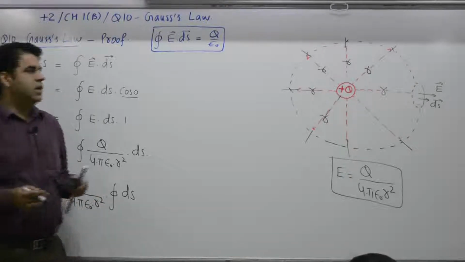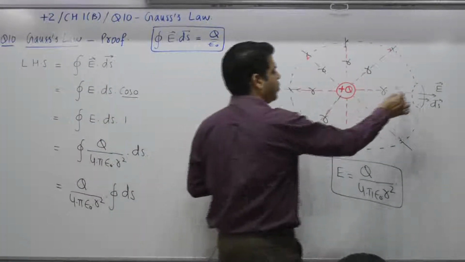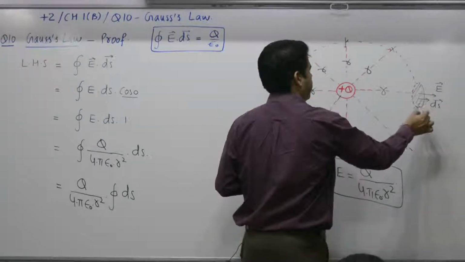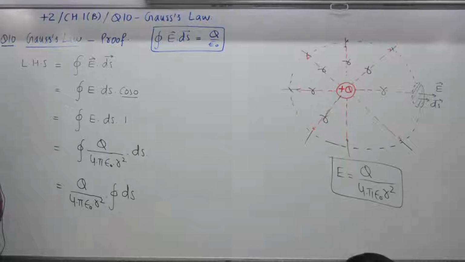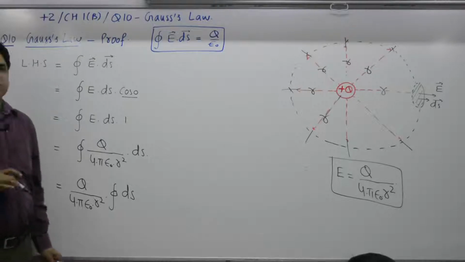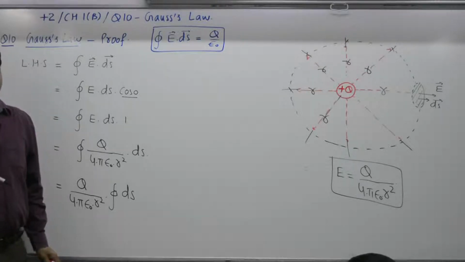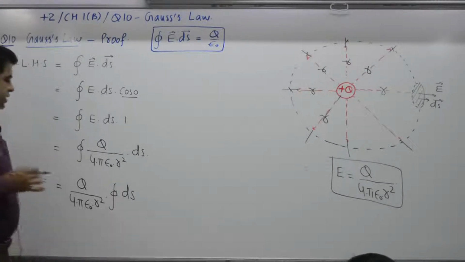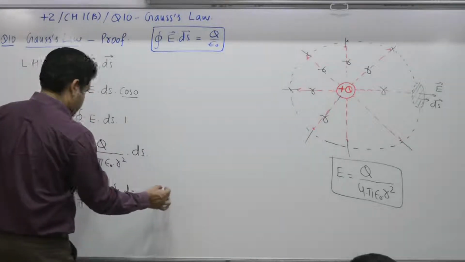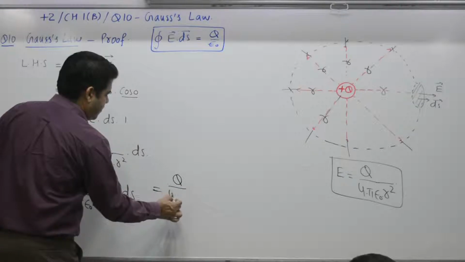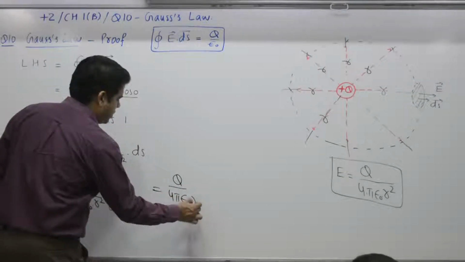Small area. Integration means what? Total area. Total area of what? Closed surface. In this particular case, the closed surface is what? A sphere. That is why it is equal to Q by 4 pi epsilon r square.